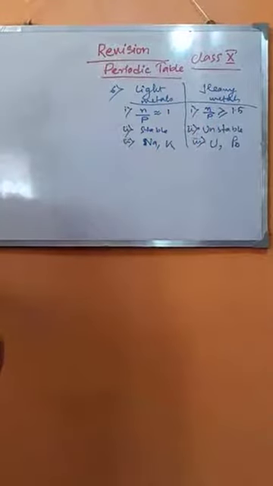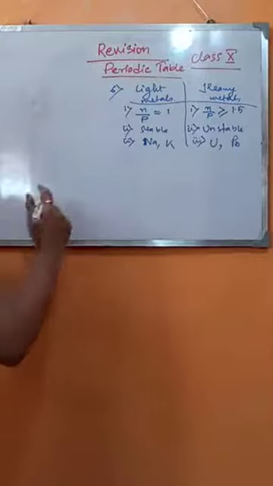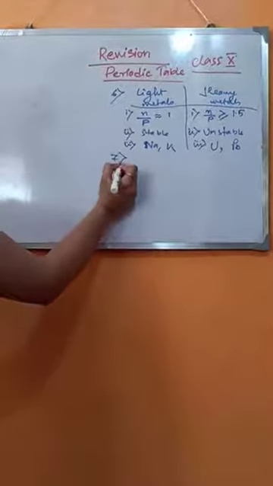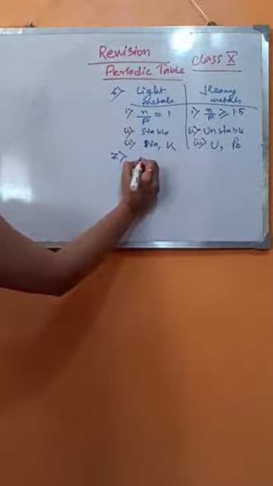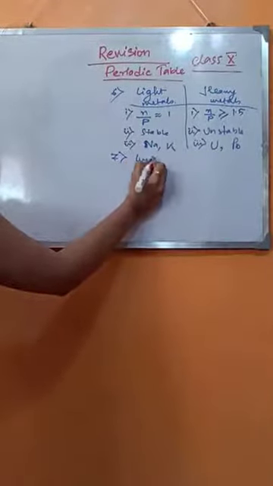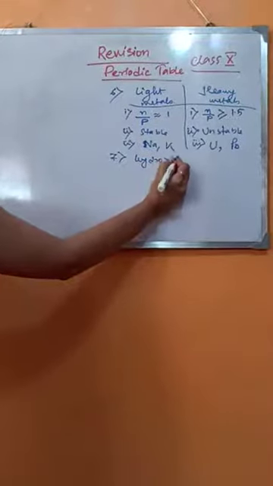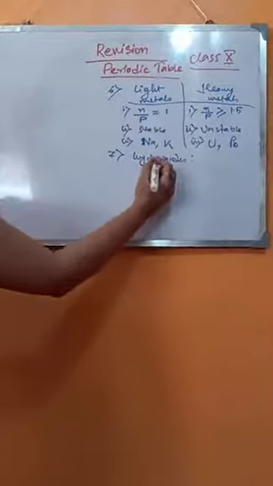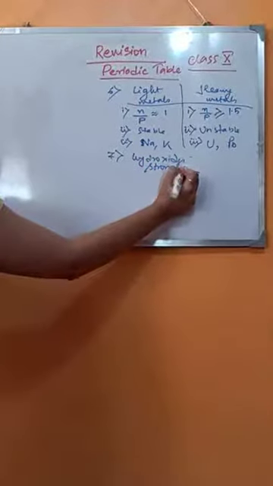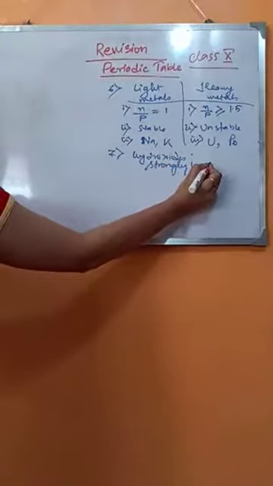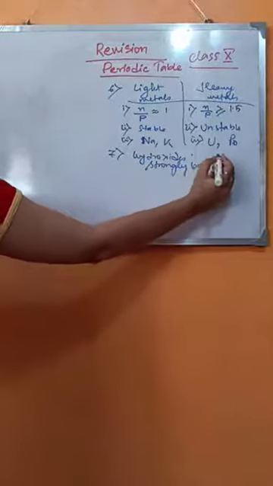Your next question is how the nature of hydroxides and oxyacids vary across a period. Across a period, the hydroxides vary from strongly basic to amphoteric.